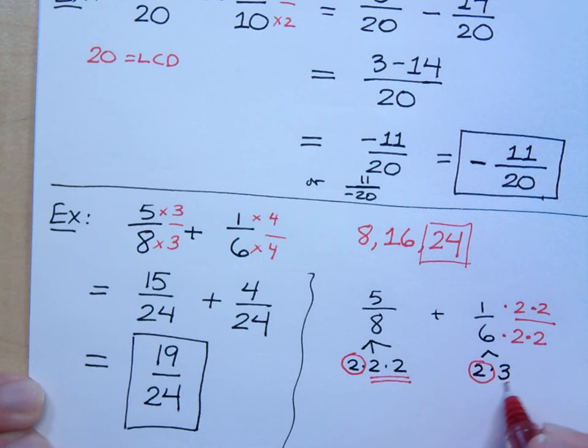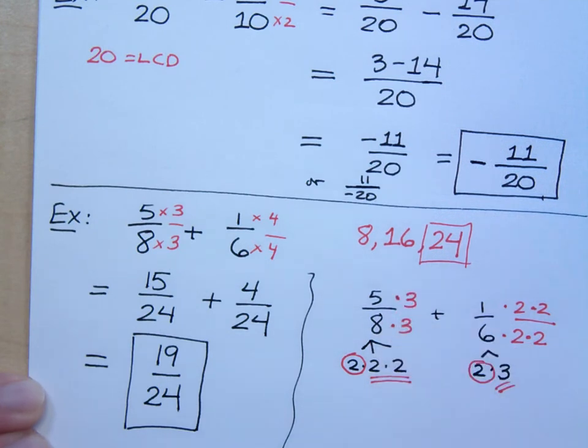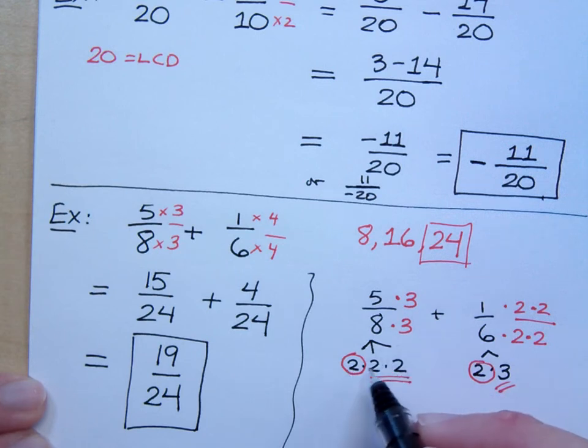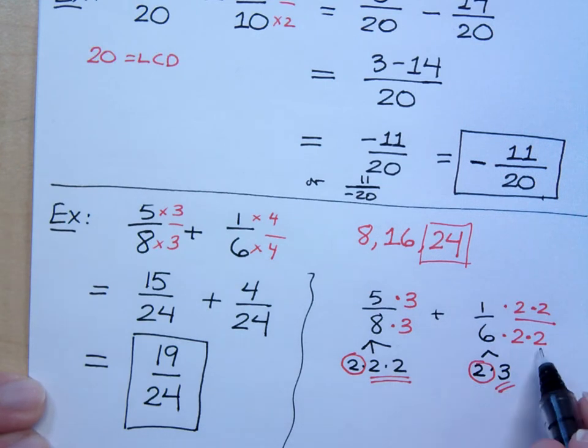Take the number here and multiply it over here. Okay? Now I don't want you to freak out. I want you to look at this. Look at your denominator. Your denominator is comprised of the factors 2, 2, 2, 3. Do y'all agree? Look at your other denominator. It's made up of 2, 2, 2, 3.